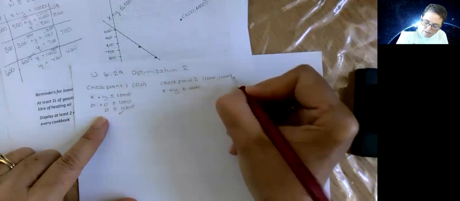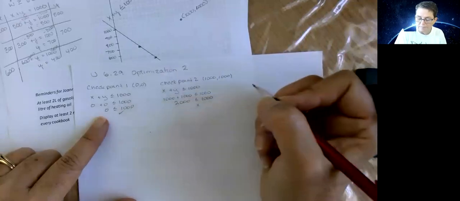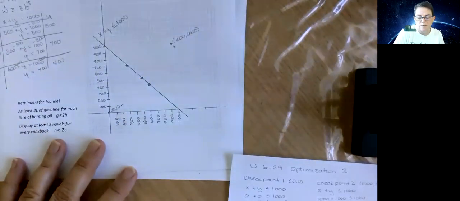Forgot to put my point in there. 2,000 less than or equal to 1,000. No. All right, so this side is no. All right, we said it was going to be whole numbers. So I'm going to put dots, and it can also be on the line.